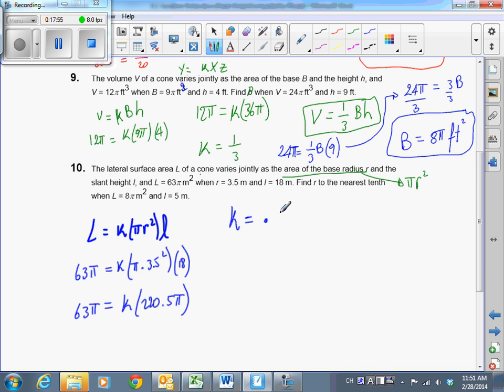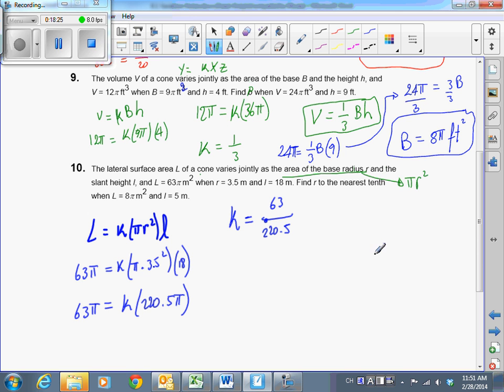Since it's an estimate, we cannot write it. I will just write 63 over 220.5. Remember, you do not want estimates here because you will write an equation based on it. So I write that whole thing.